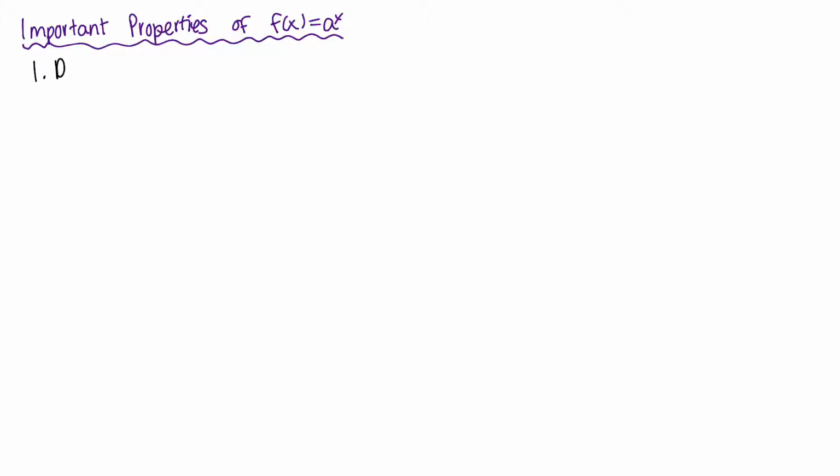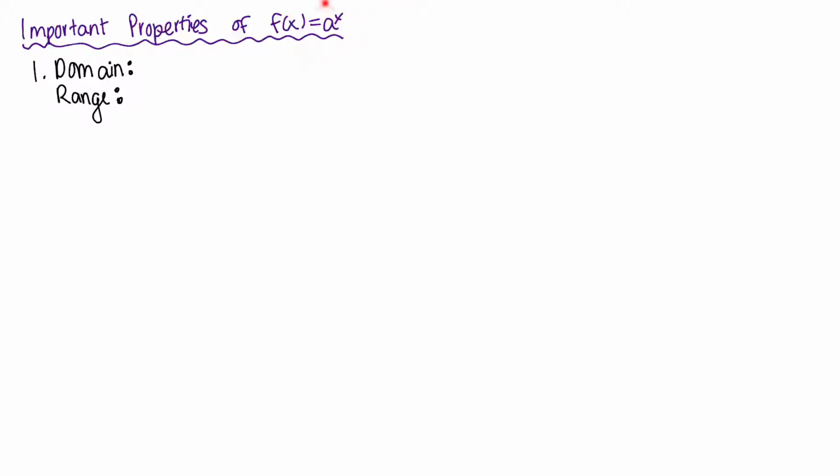Let's talk about the domain and range. Now, if no transformations are applied, right, there's just a base and an x. You don't have a +3 anywhere. There's no -2.